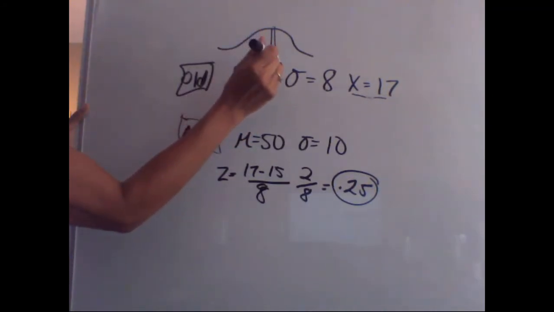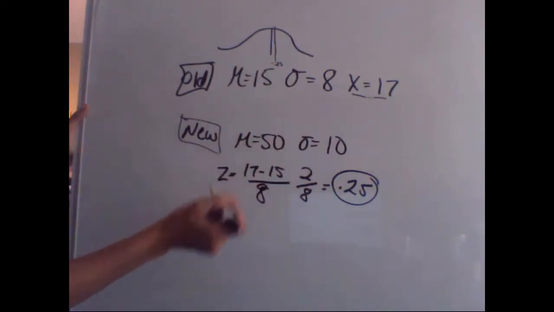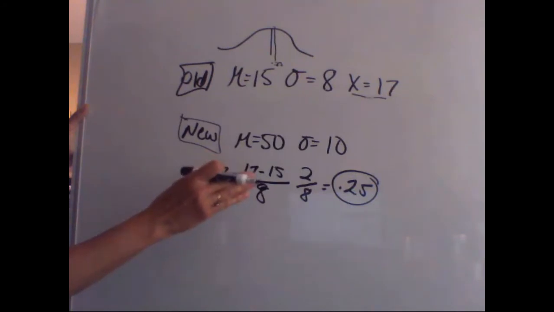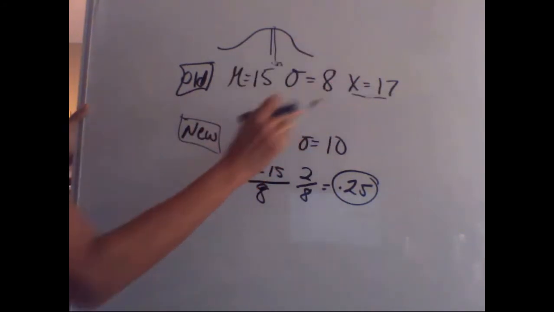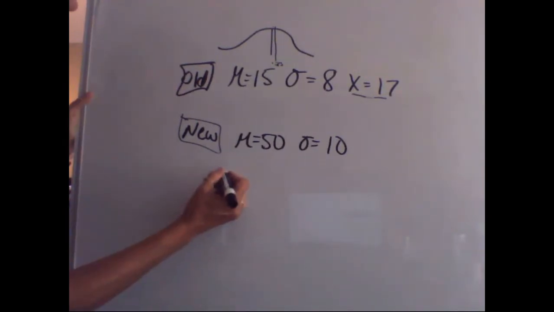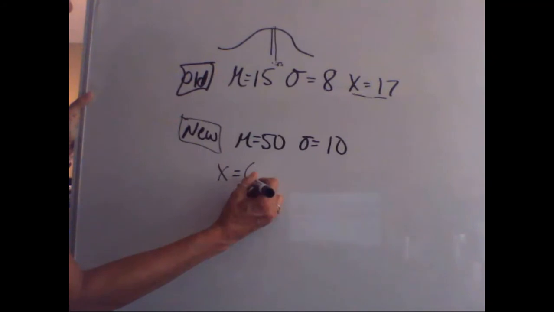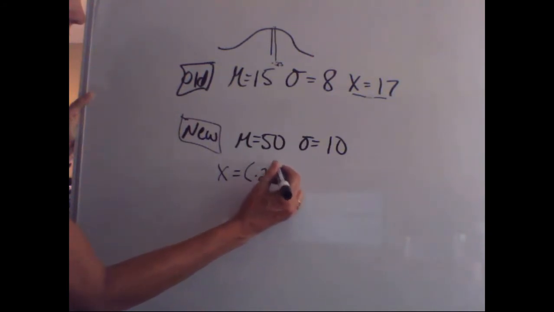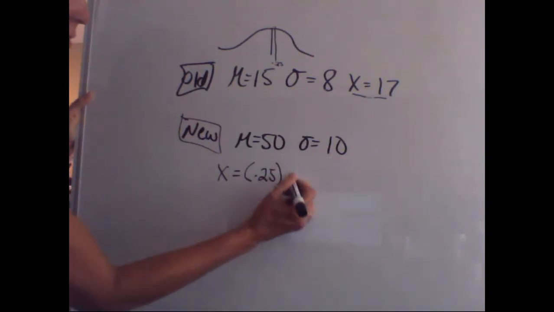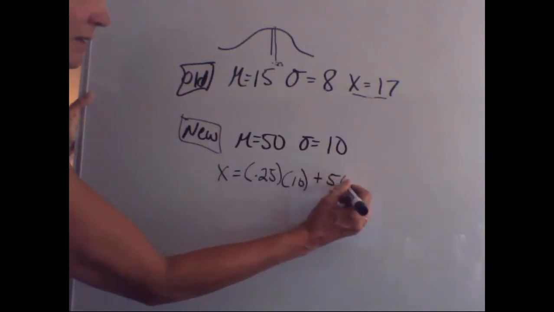I want to make sure that this score keeps its shape but has a different distribution. So the next thing I need to do is find out what would this score be with these parameters. So let's take a look. We're going to use the same formula we used before, where x is equal to the z-score, let's start with that, a positive 0.25 times the new standard deviation of 10 plus 50.